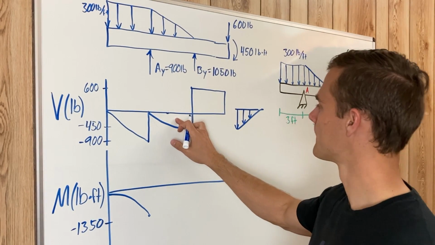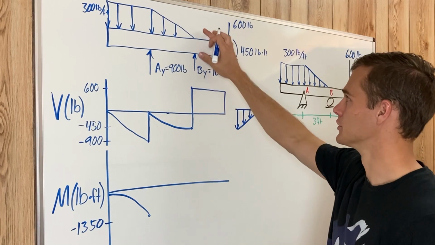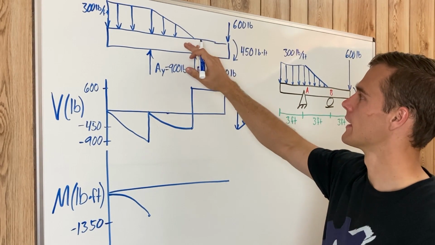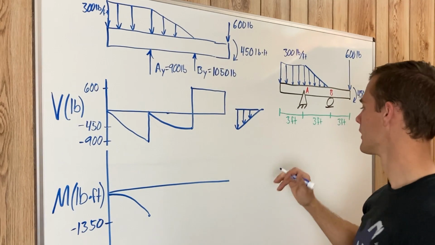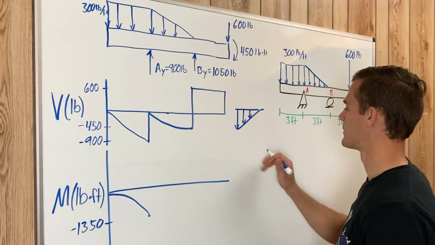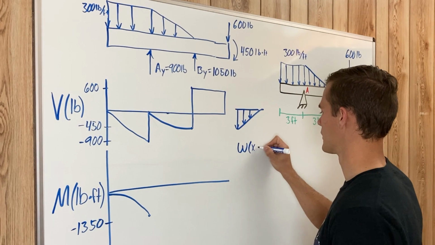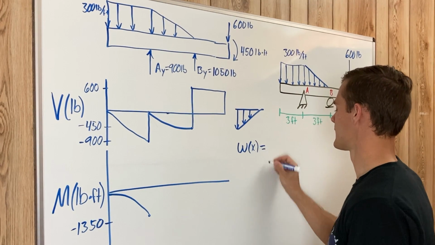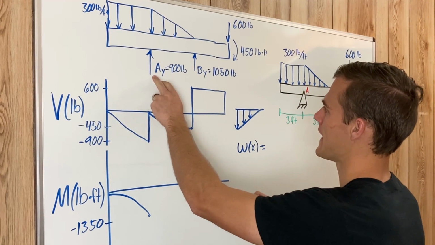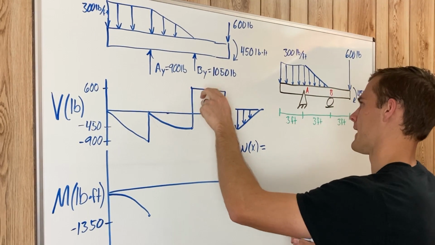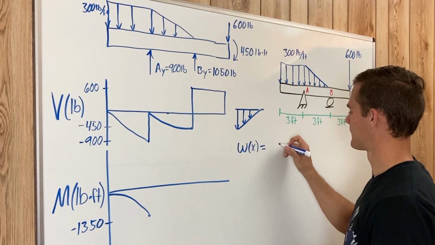With this area, probably the best way to find the area under this curve is to come up with an equation for our loading function for that triangular distributed load. And we already still have our picture here, so we will say that this is W for our loading function. It is a function of x. And for simplicity, we'll say here at A is 0, and then going over is x to the right.